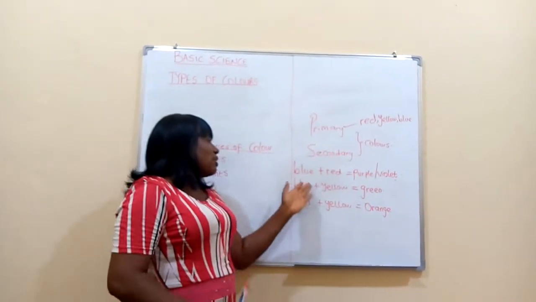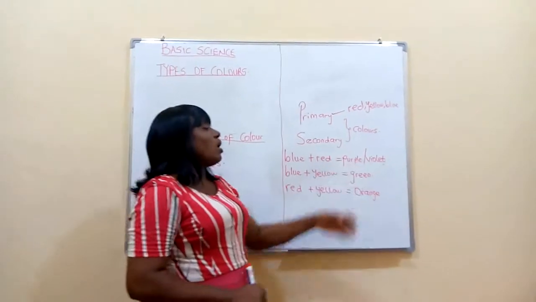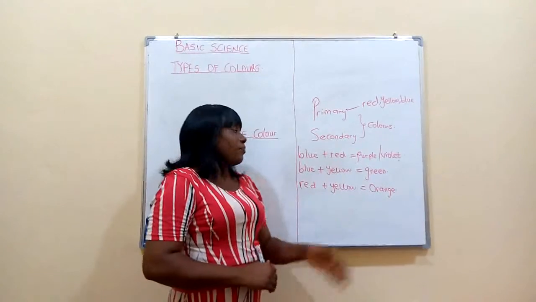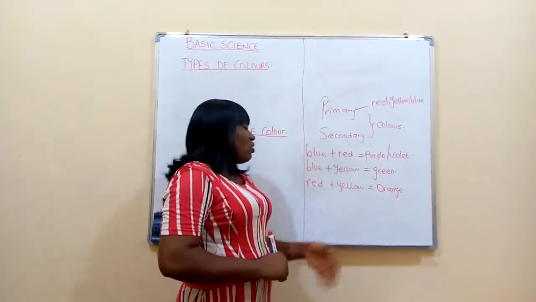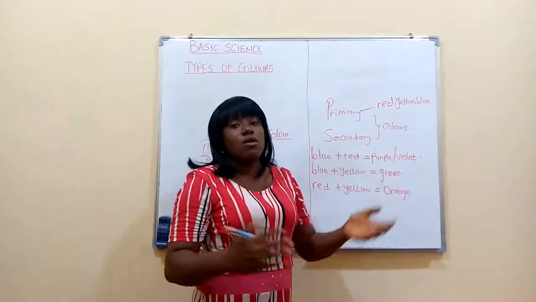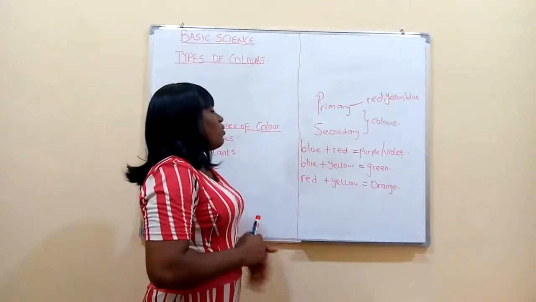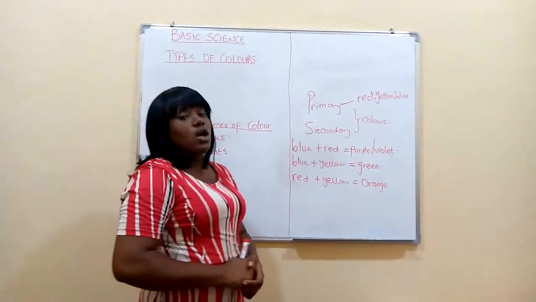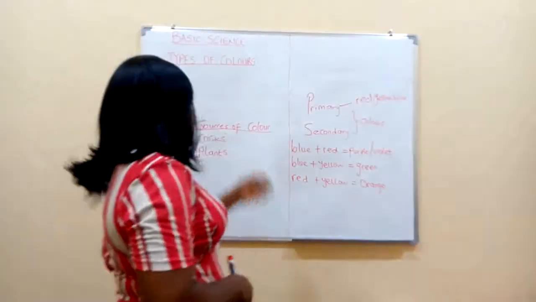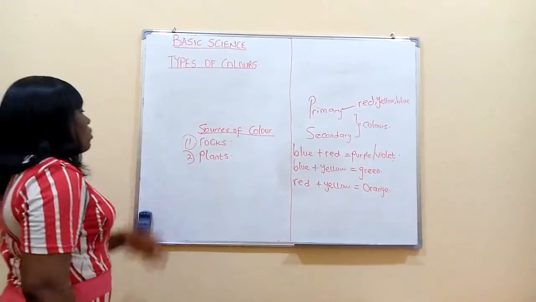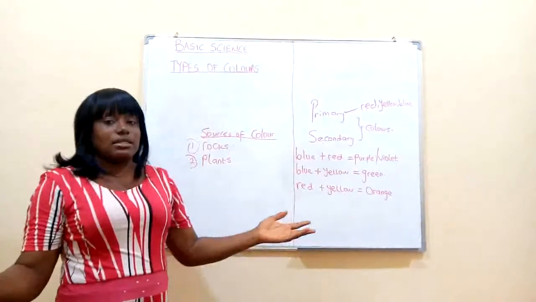Blue mixed with red will give us the color purple or violet. Blue plus yellow gave us the color green. Red plus yellow gave orange. And the last but not the least, we looked at the sources of color. Number one, we have rocks, and number two, we have plants.